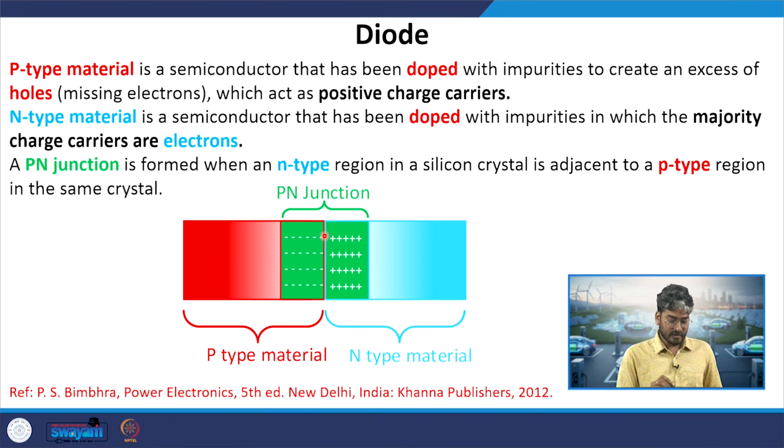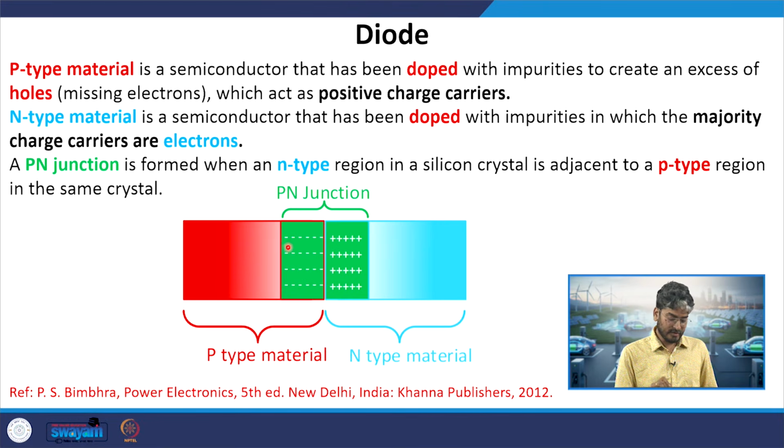Now we have P type material on one side and N type material on the other side. What happens? Near the junction, the free carriers, holes and electrons, try to recombine, and ultimately they form a PN junction where we have a barrier potential. On this side we had an excess of holes.